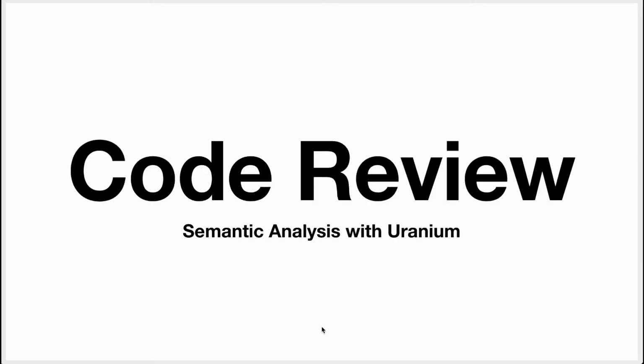So without further ado, we're going to go into the code. I've written a small language and I've written semantic analysis for it, and I'm going to walk you through the whole code of semantic analysis for that language. The reason I'm doing it like this is that I said multiple times that semantic analysis is an engineering challenge. And what I mean by that really is that it's implicit knowledge.